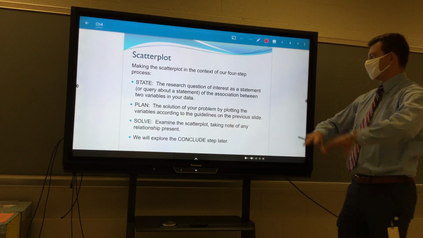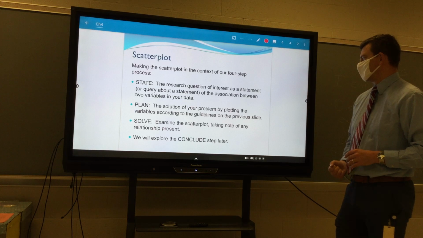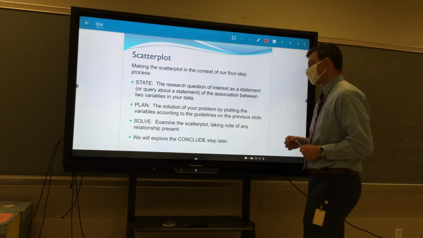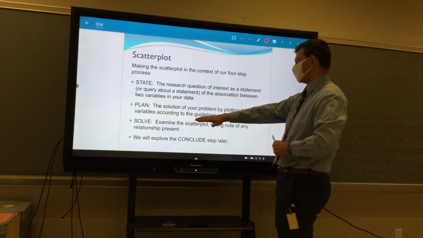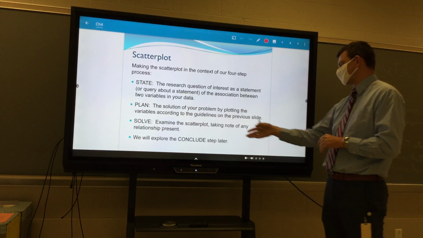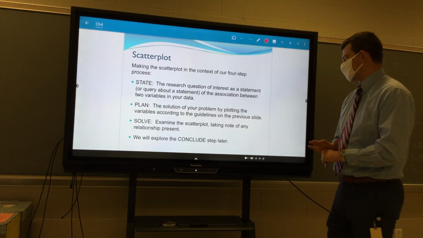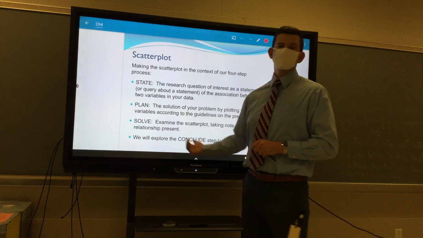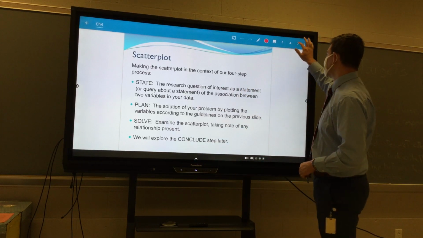State the plan, okay, the research question of interest, the association between the two variables that we're analyzing. The plan would be the solution of your problem by plotting the variables according to the guidelines, and then solving using the scatter plot, taking note of any relationship present. Our conclusions we'll get to a little bit later on.